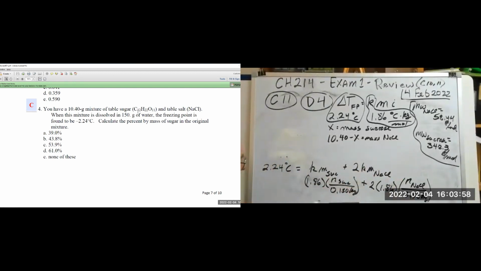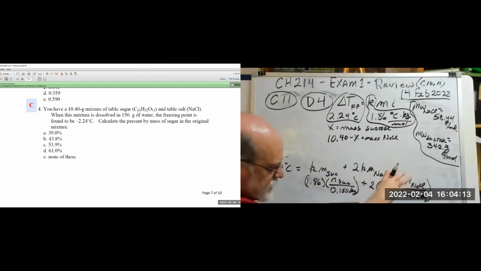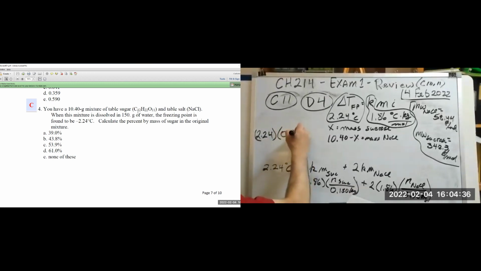Now, if I take this one and set it up so that I've got moles of sodium chloride and moles of sucrose on this side and put everything else on that side, this 1.86 divided by 0.15 can be factored out of this expression and that expression and put over here on this side. So what that's going to give me is 2.24 times 0.15 divided by 1.86.